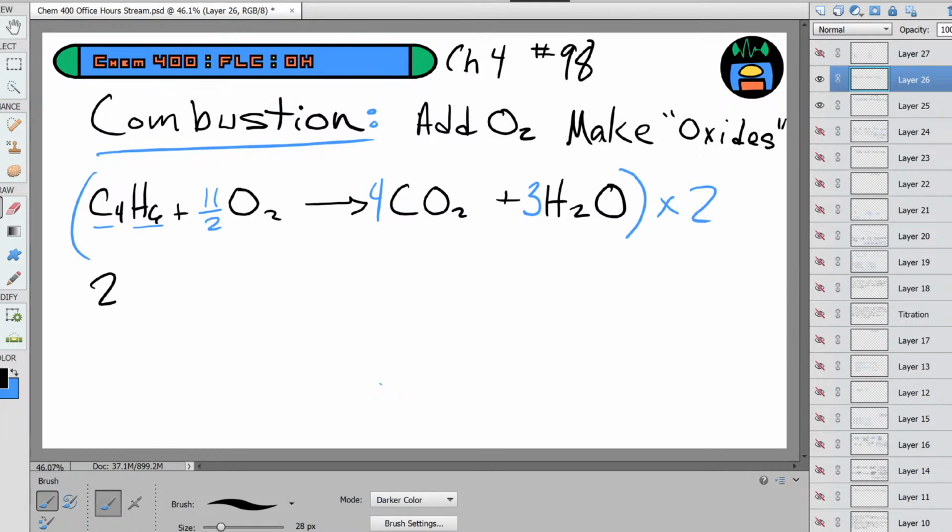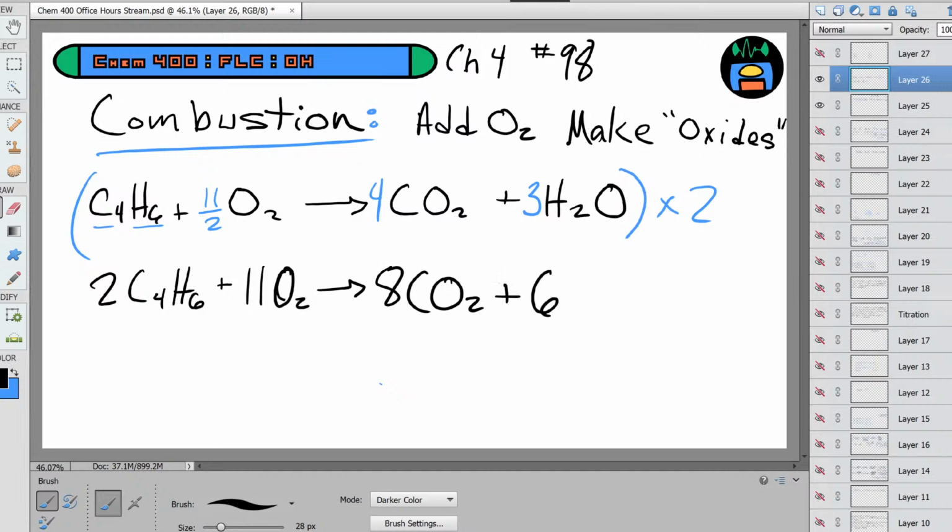So our final answer for the balanced chemical equation will be 2 times C4H6 plus 11 molecules of O2, producing 8 molecules of carbon dioxide and 6 molecules of water.